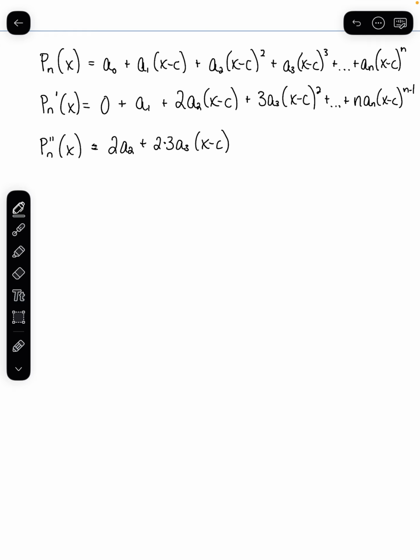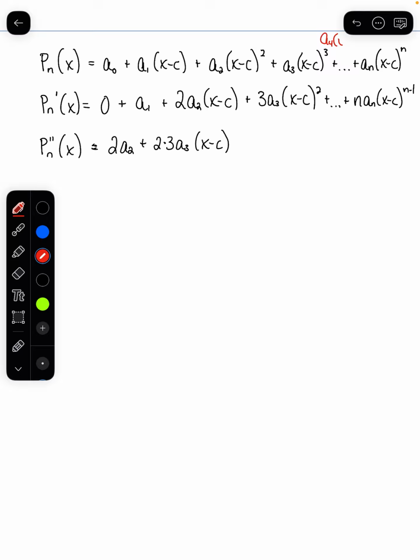Now, I didn't write a higher power term to begin with, but by using a little bit of logic, we can say that let's go to what in the original function would have been the fourth power term, a sub 4 x minus c to the fourth.